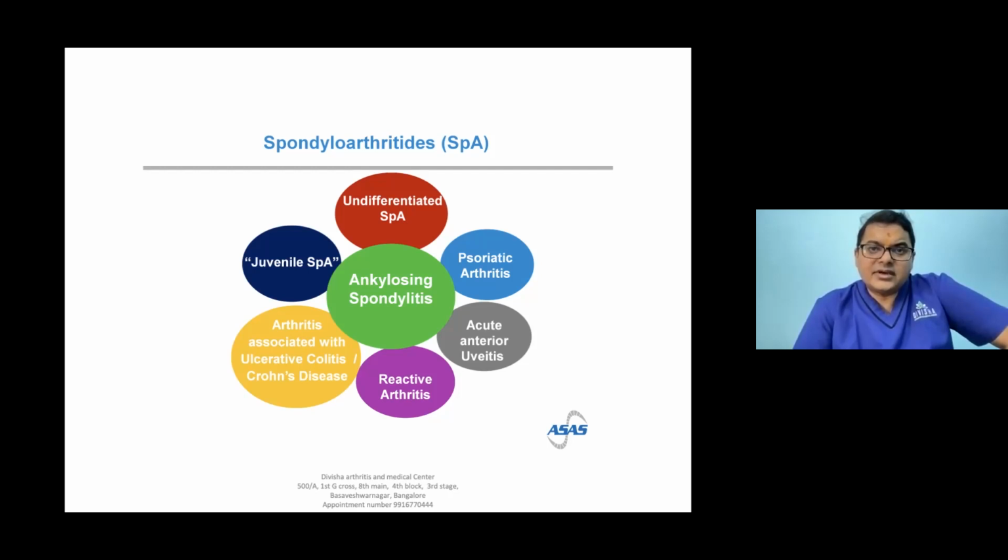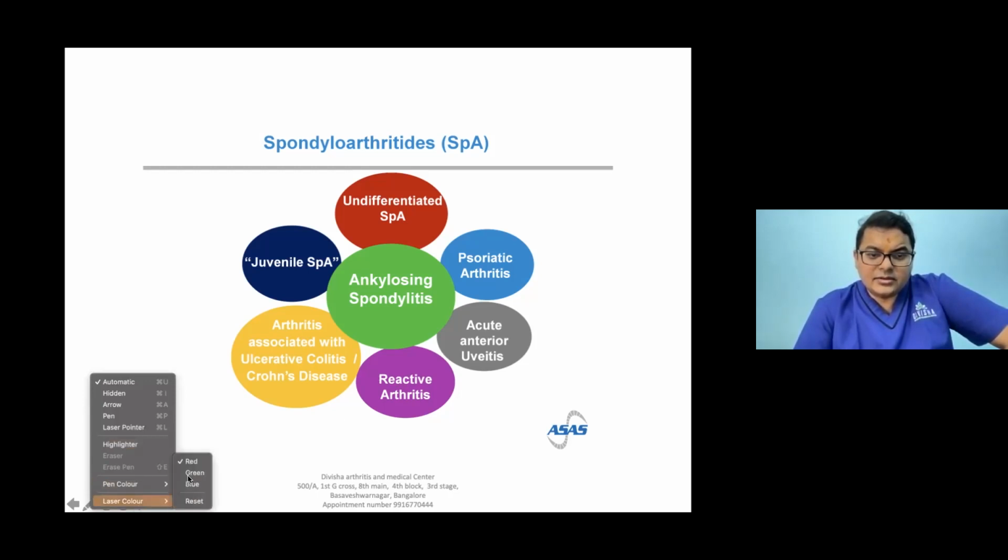Or it occurs after any urine infection or sexually transmitted diseases like gonorrhea, chlamydia. That causes pain and swelling and stiffness in the joint, especially in the lower limbs. That's what it basically is.